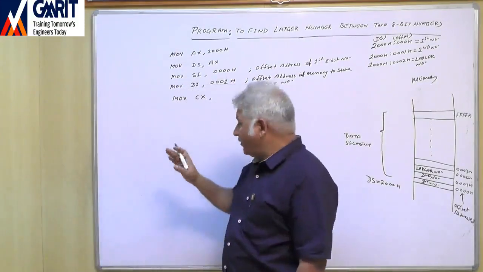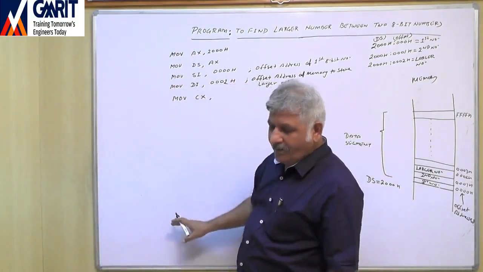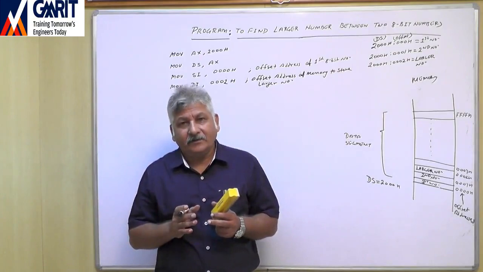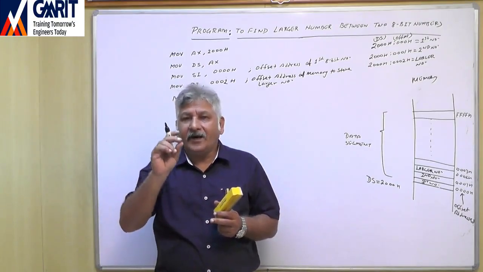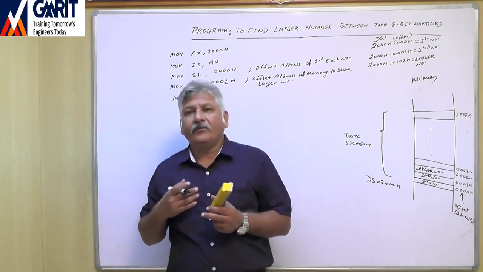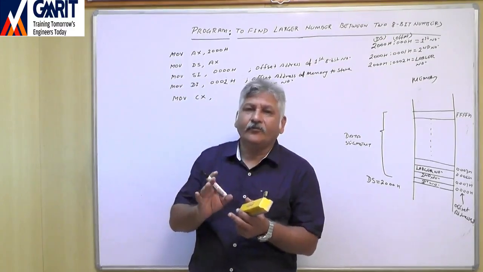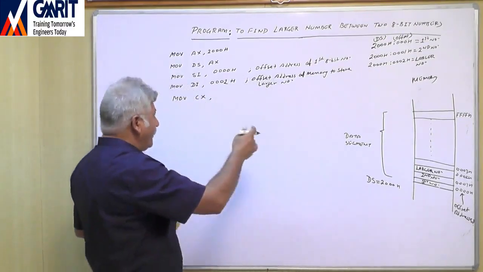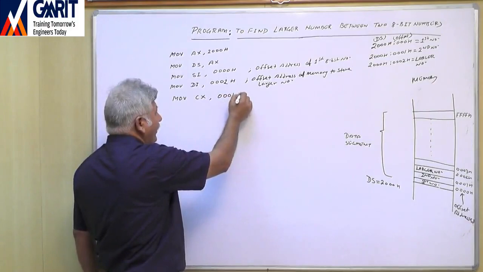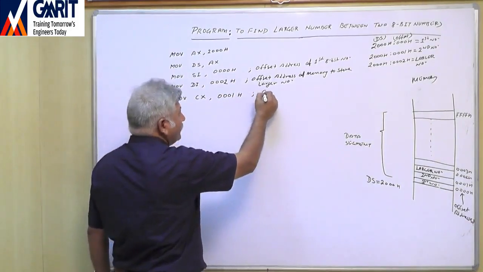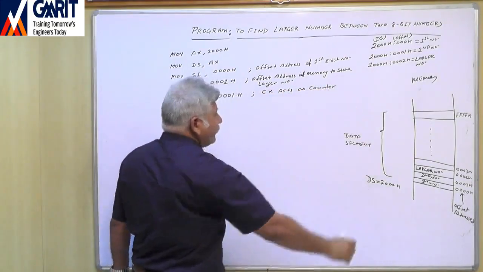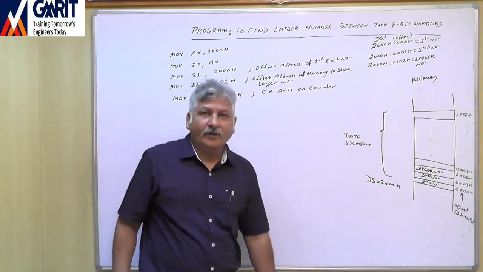In the logic which I will use for this program, if I am comparing two numbers, then I will keep the value of CX less than that, that is 1. If I compare 5 numbers, then in CX I will store 4, right? Since we are comparing two numbers here, in the CX register I will store 0001H. CX acts as a counter to tell the processor that the comparison of all the numbers is over.